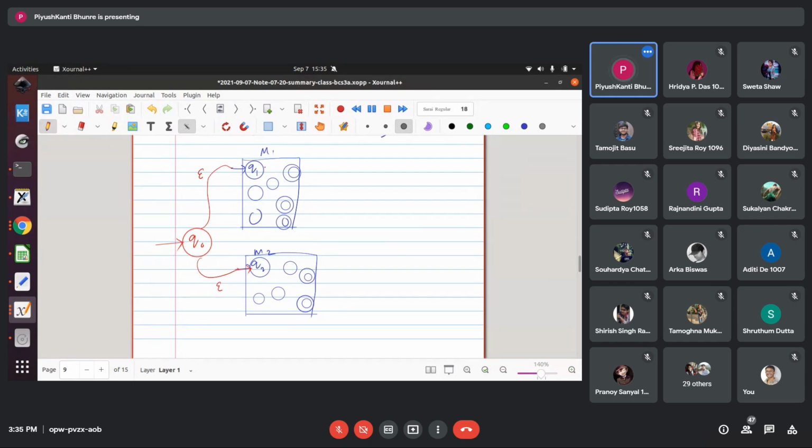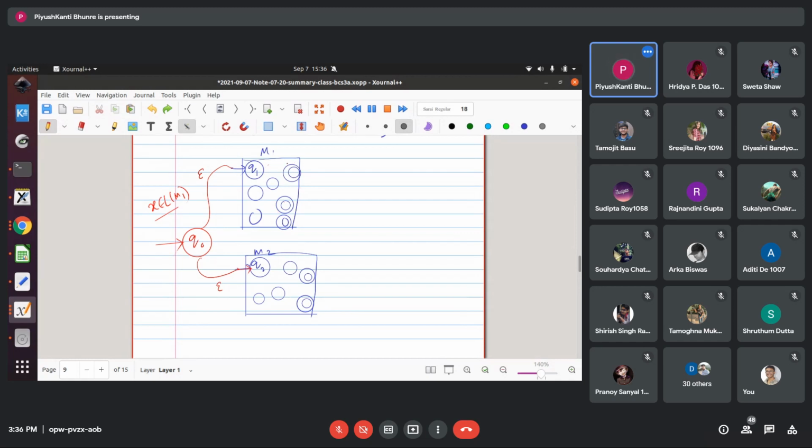If the input string belongs to M1, it will be executed over M1 and reach some final state. Suppose you have the input string x; if that belongs to L of M1, then after the epsilon move, the execution starts from here, and by following some path it will go to some final state over here, so that x will be accepted.